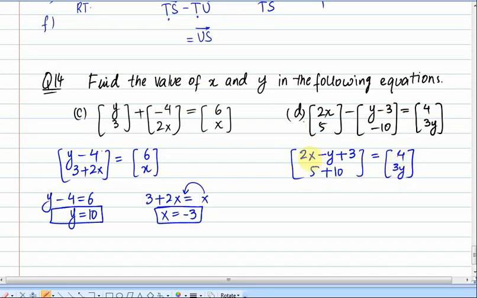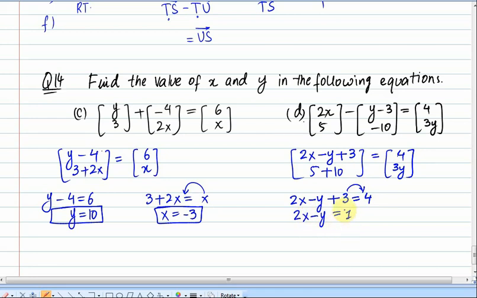So the first row will be 2x minus y plus 3 is equal to 4, or you can write 2x minus y on the left and on the right side 4 minus 3, which is 1. You cannot solve for x or y because both are unknown.